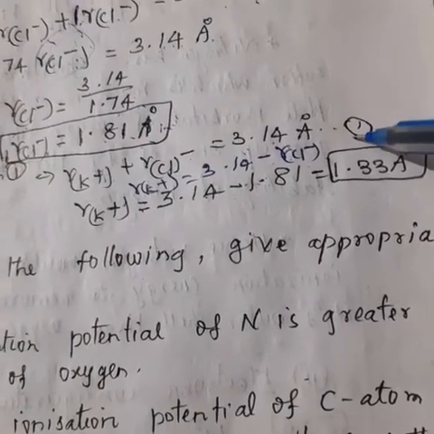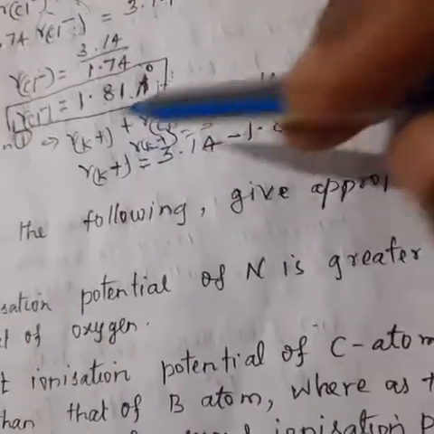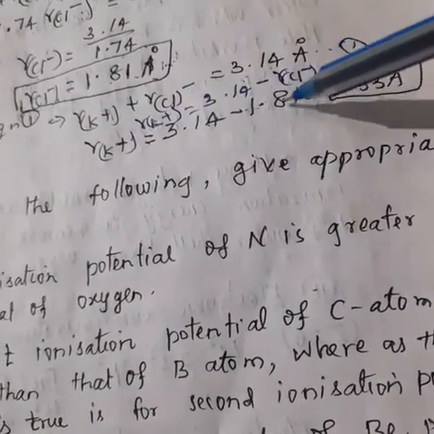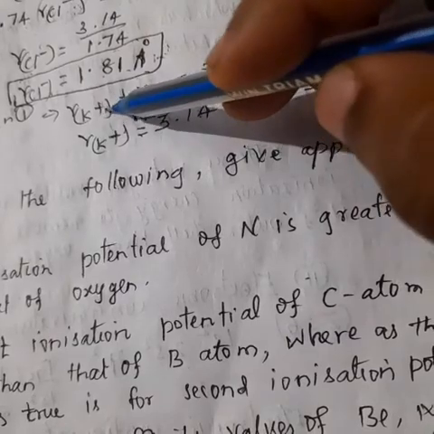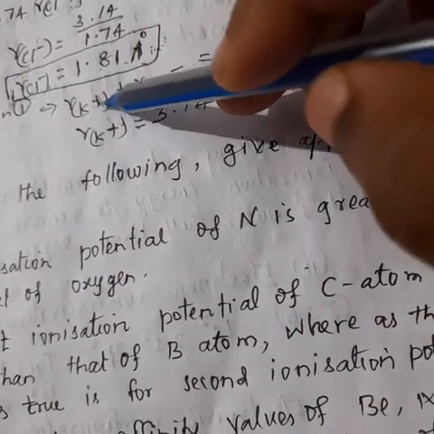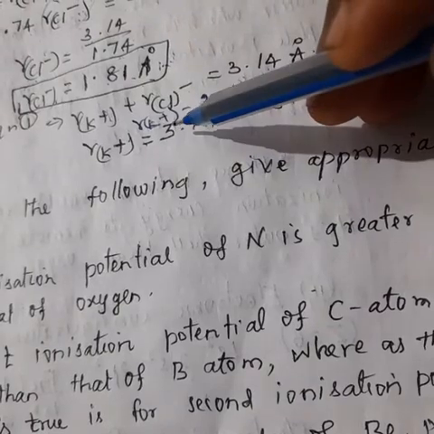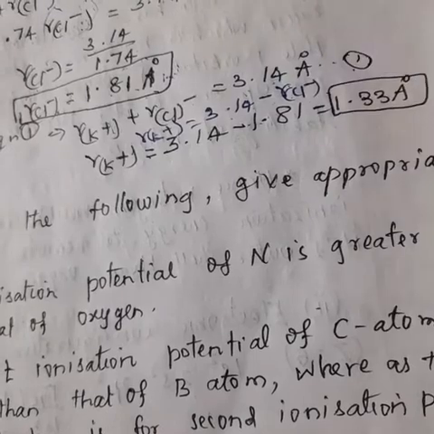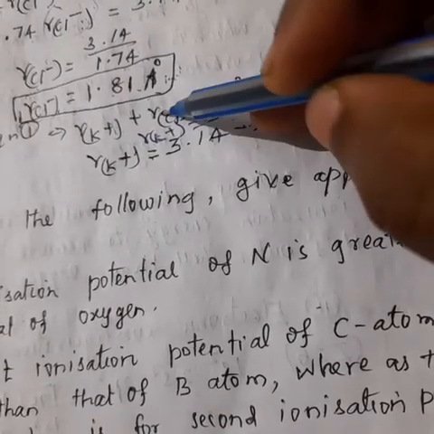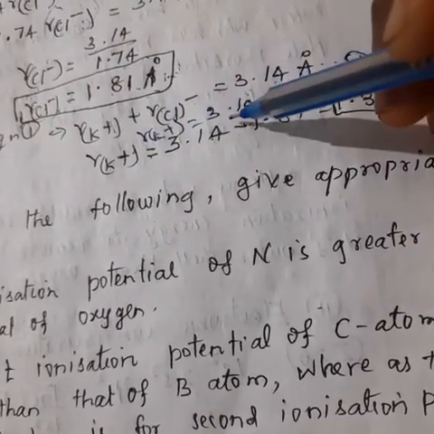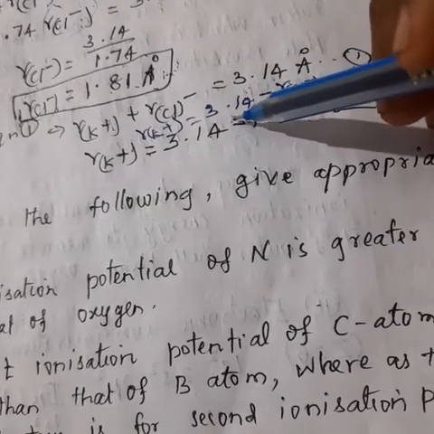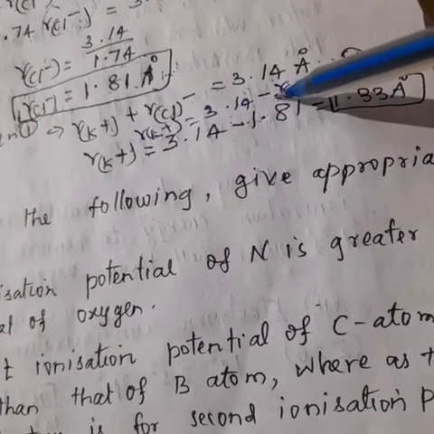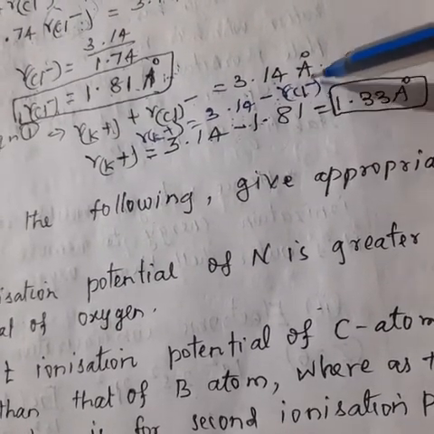So we have to calculate the RK plus value. RCl minus value we know is 1.81 Angstrom. So RK plus is equal to 3.14 minus RCl minus.